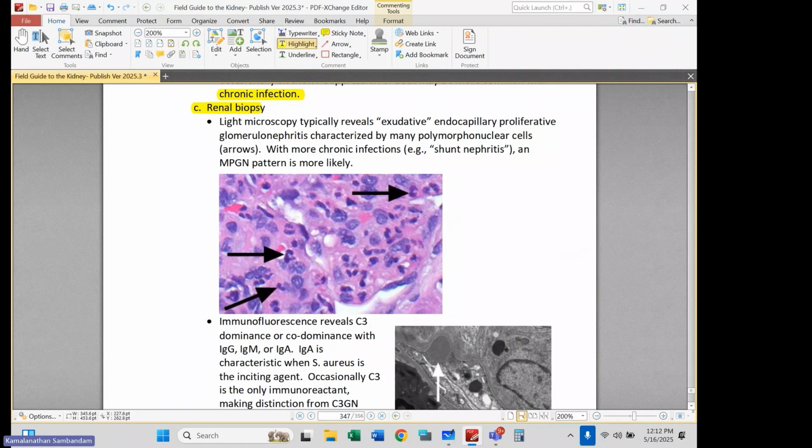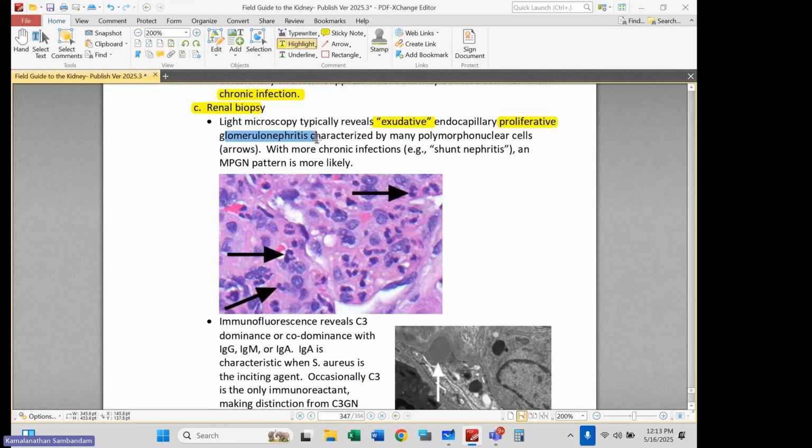However, these are not diagnostic. You put together a full package and then make a best judgment that you're dealing with infection-associated GN as opposed to other possibilities.